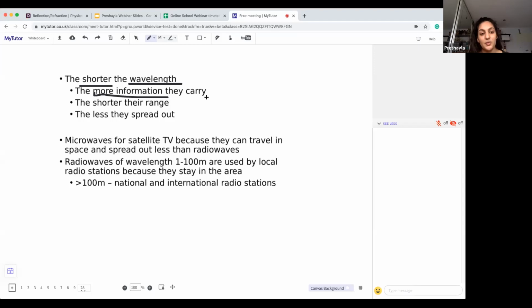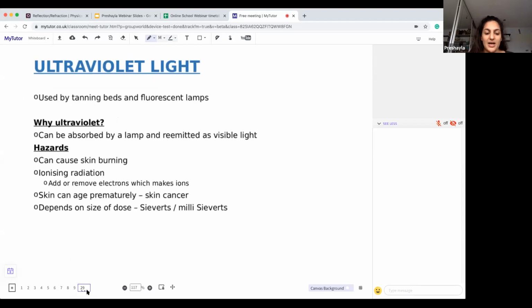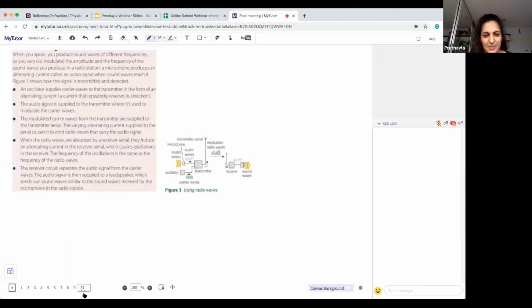So visible light is therefore able to carry the most amount of information, as opposed to radio waves, which can carry significantly less. Microwaves are used for satellite TV because they can travel in space and spread out less than radio waves.